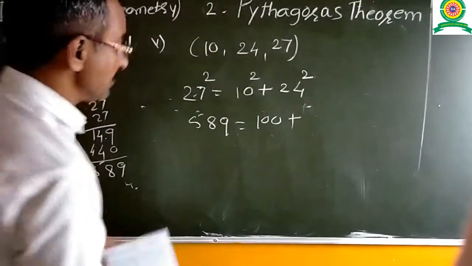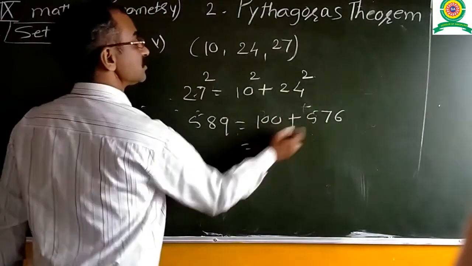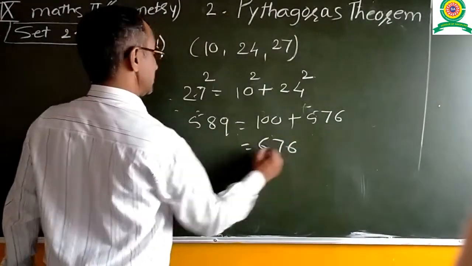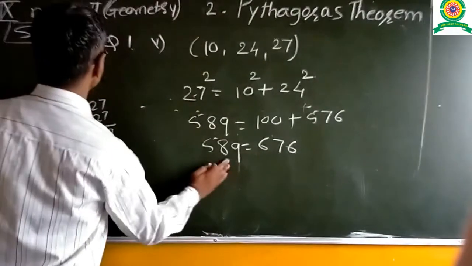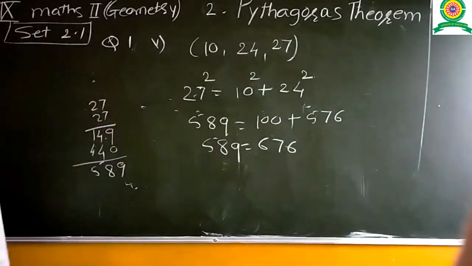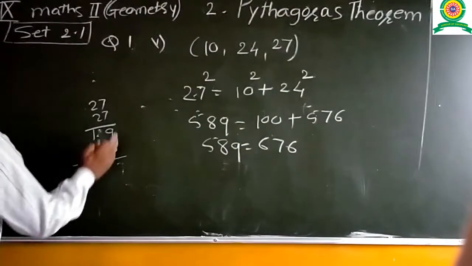What is 24 square? 576. So adding these two, we get 676, which is not equal to 729. Sorry.